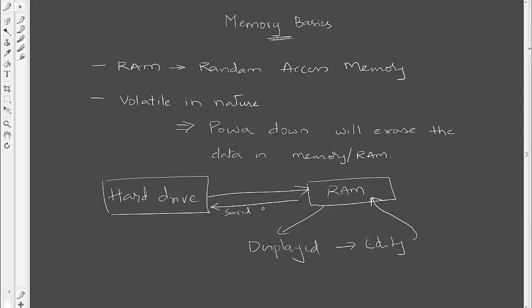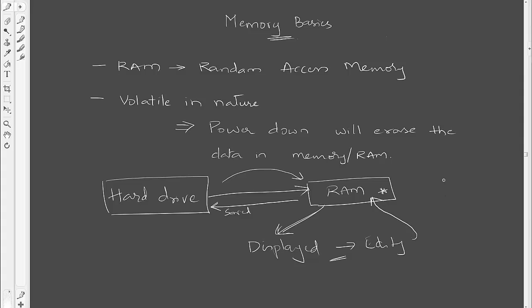When you try to open that, it is first loaded from your hard drive into the memory, and from the memory then it gets displayed on the screen. If it's music you're hearing from your speakers, it still has to go to memory and then it is sent to the speakers. In terms of editing, when you're editing a document, you're actually editing the copy of the document that's in the memory. When you hit the save button, that's when it gets saved to the hard drive.